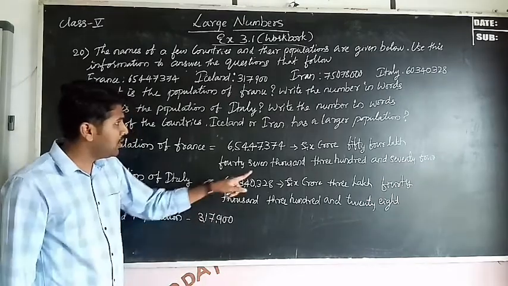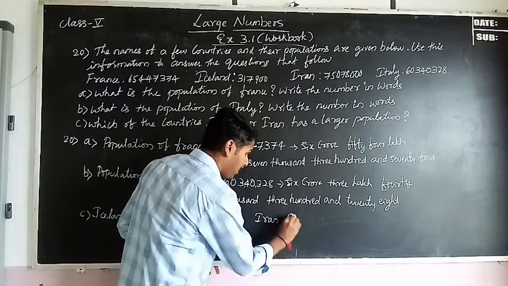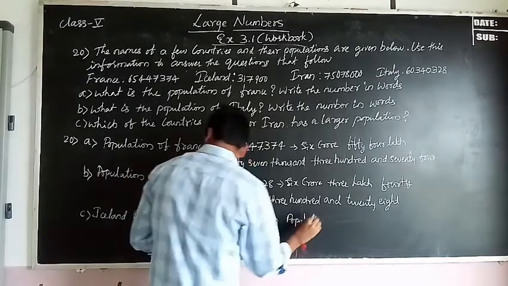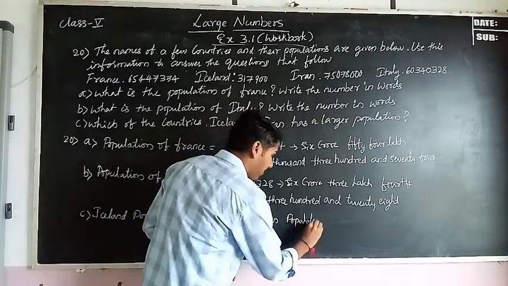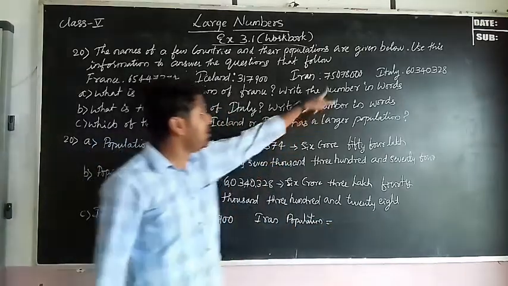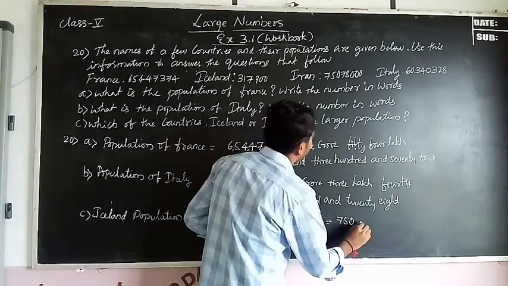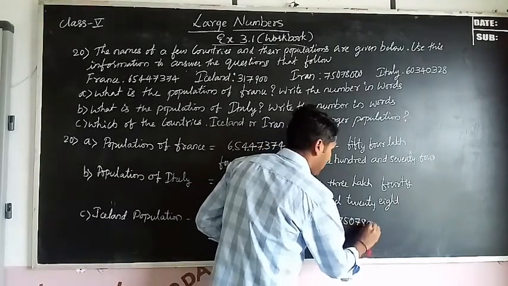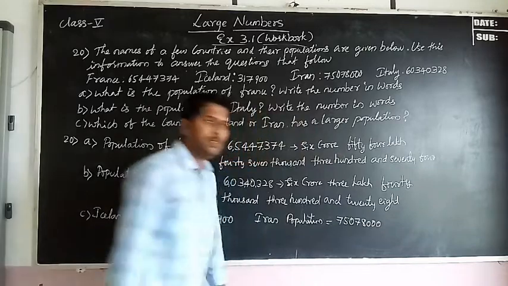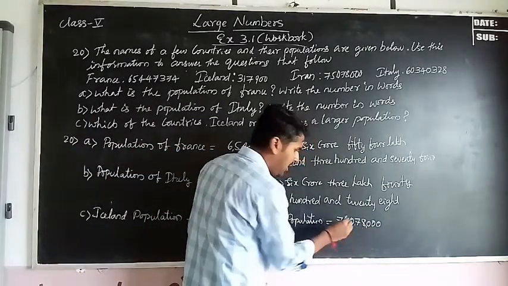And population of Iran. So Iran population, what is the Iran population? So write down the number: 7507800. So see here, comma comes after 3 digits, next after every 2 digits.